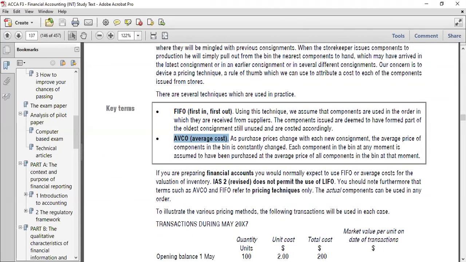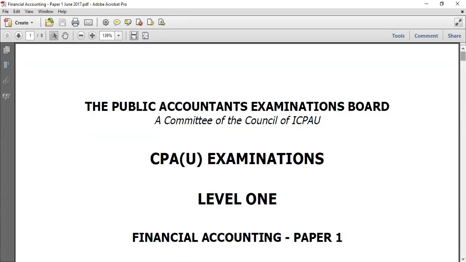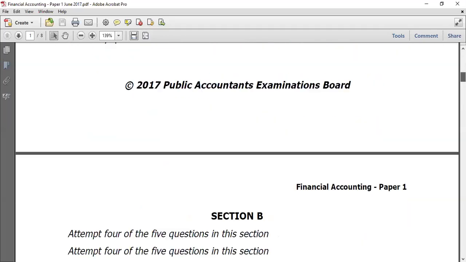FIFO. Like you saw, one of the things the examiner is interested in is how to apply these two methods. From the question we're trying to look at, I think that was 2017? Yes, this was 2017.